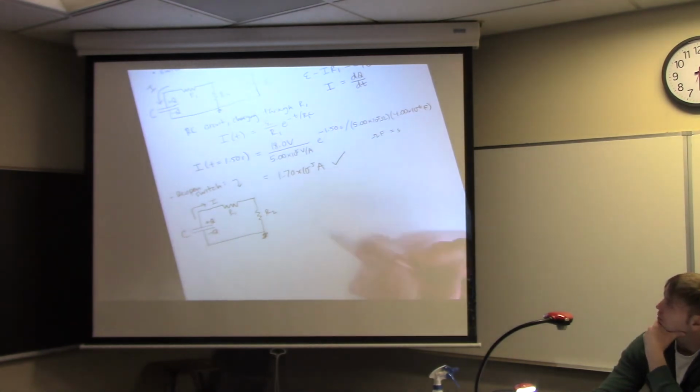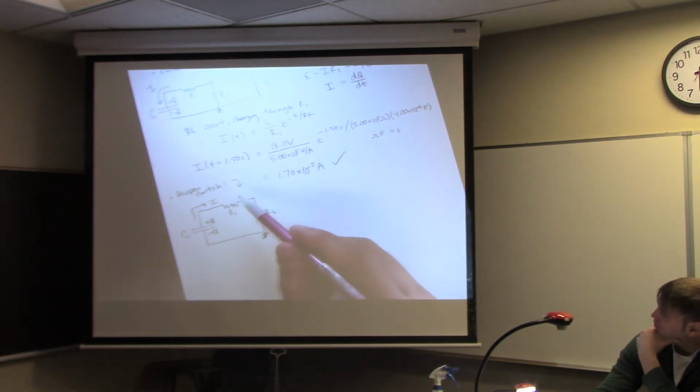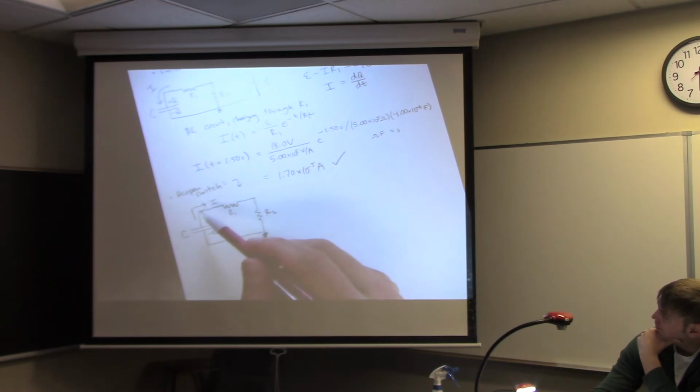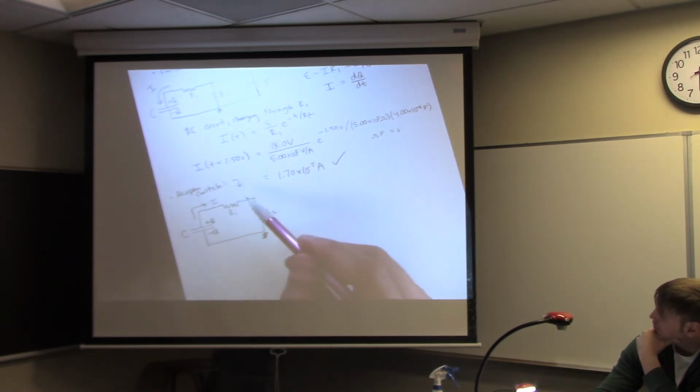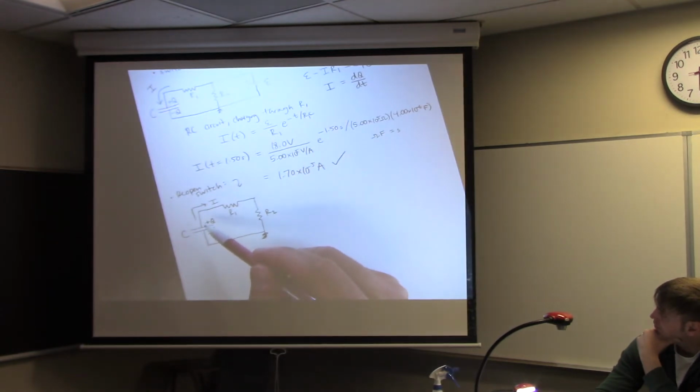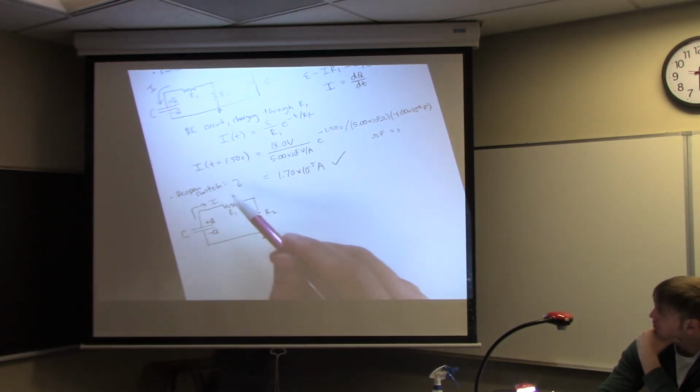As it turns out, the current is going through both resistors, so the capacitor is discharging through both of these two resistors.